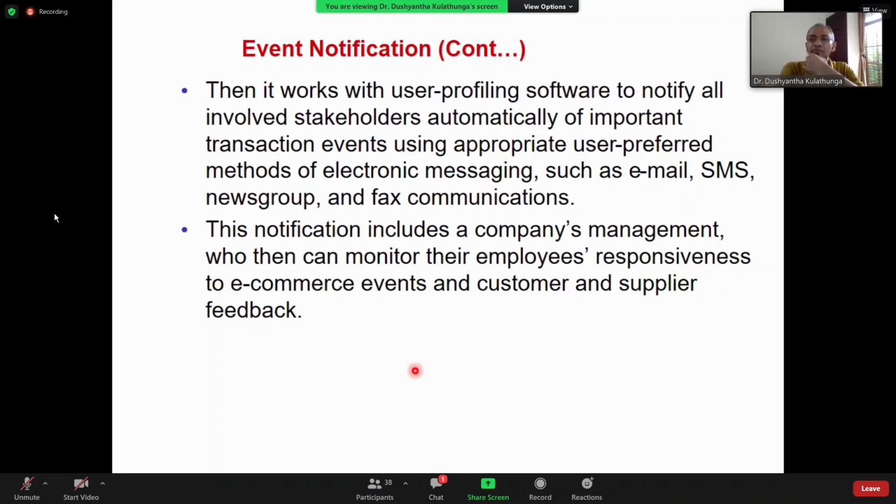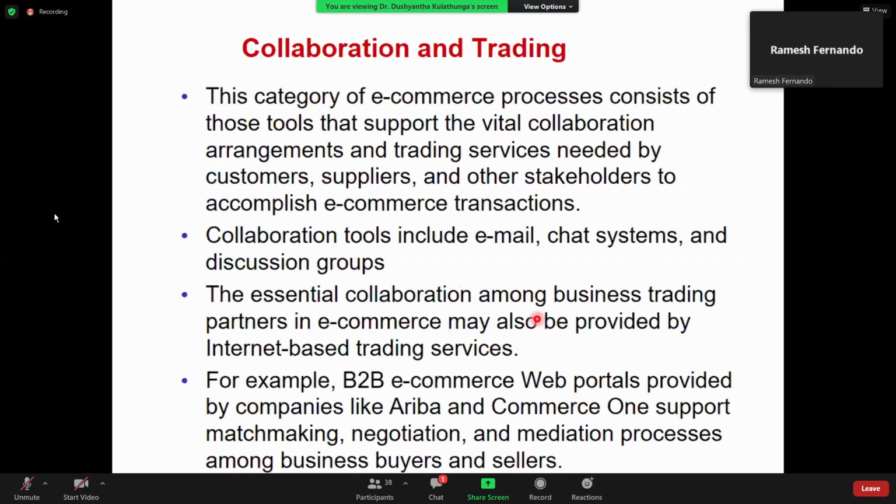Can we take that also as an example? Yes, event notification. You mean some information not related to this transaction? No, not related to the transaction. I mean, that is a different example.